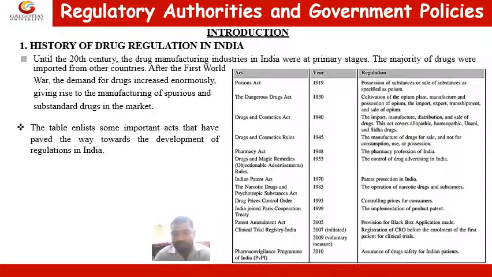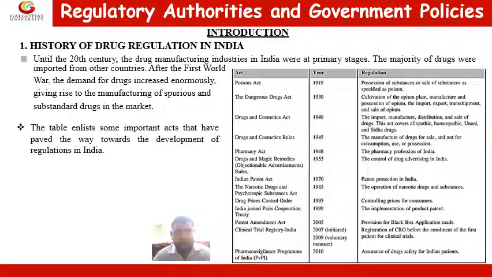Another act, the Dangerous Drugs Act, was passed in 1930. It covers the cultivation of the opium plant, the manufacture, import, export, etc. related to opium or narcotic drugs that are listed in this act.